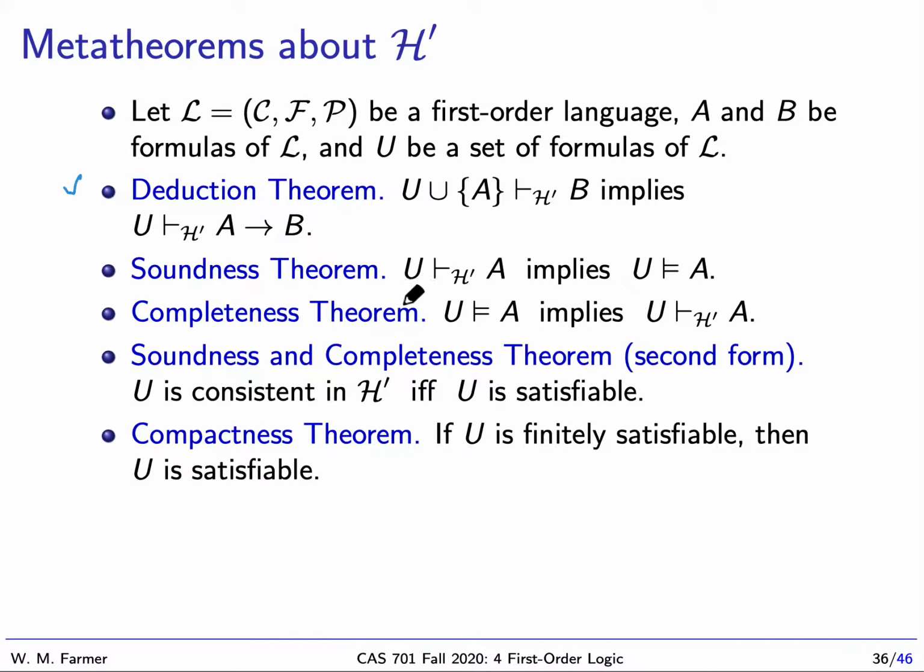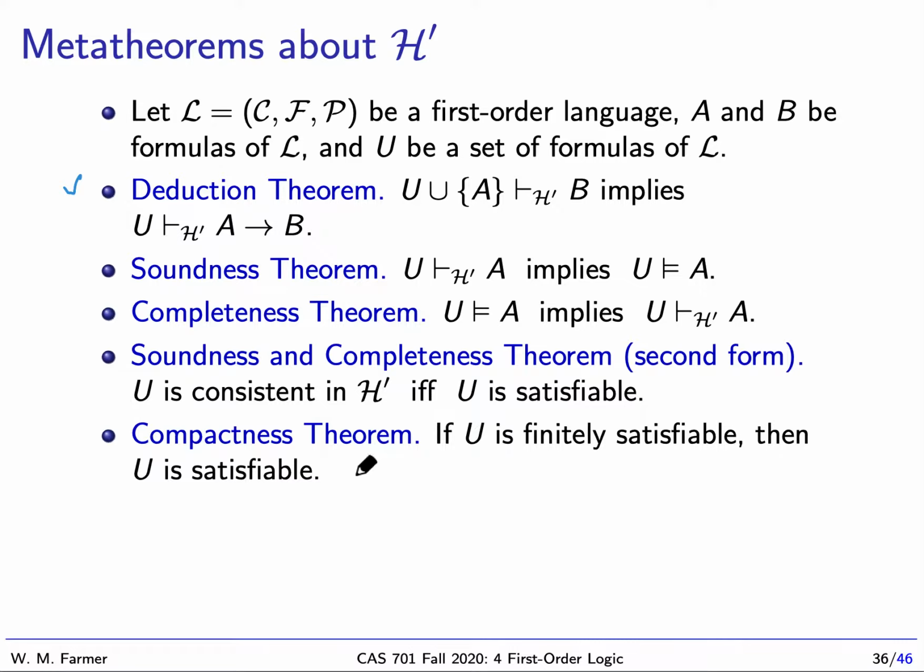We have a soundness theorem that says whenever we can prove in H prime A from U, then that implies that A is a semantic consequence of U. And whenever we have that A is a semantic consequence of U, that implies that we can prove in H prime A from U. And then if we put these two theorems together, we get that U is consistent in H prime if and only if U is satisfiable.